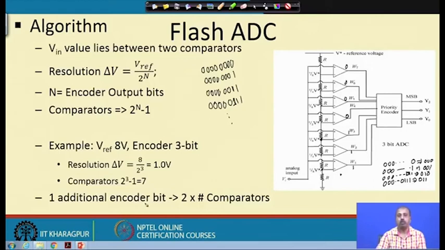That is the cost of flash ADC. The number of comparators needed is pretty high, but the conversion is immediate. Whenever the input is given, the unary pattern will be set here and the priority encoder will encode it into one of the binary patterns. That is how the flash ADC works.